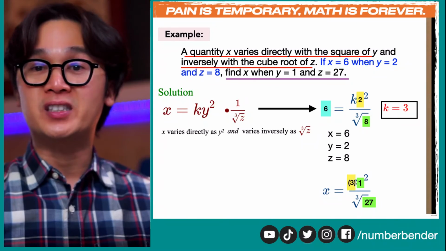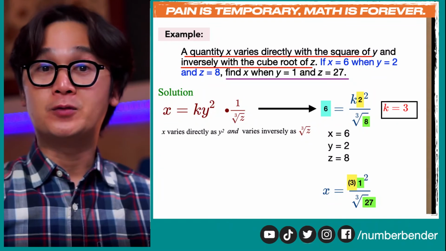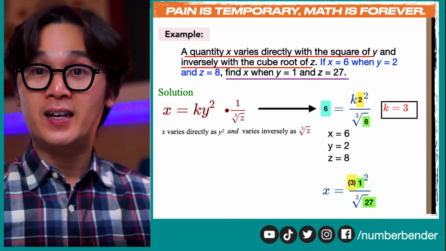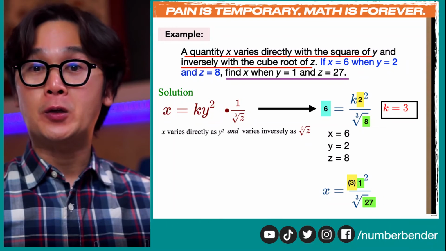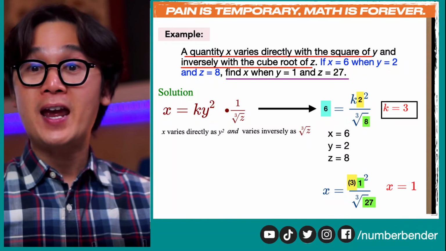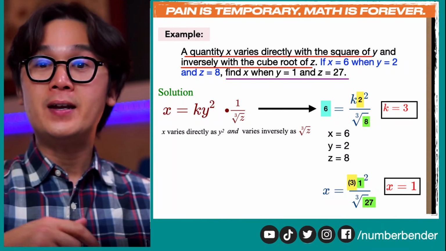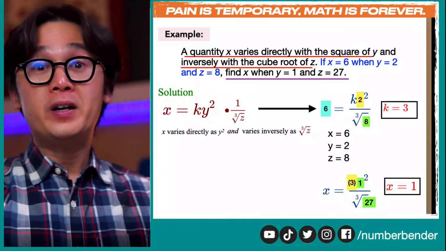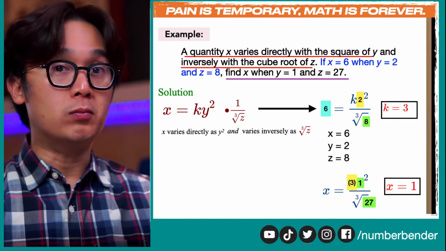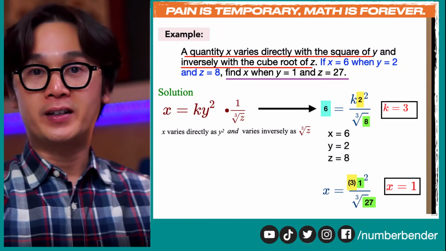By doing our basic math skills, 3 times 1 is 3, the cube root of 27 is 3, therefore x is equal to 1, and this is how we're able to answer this word problem involving joint variation.